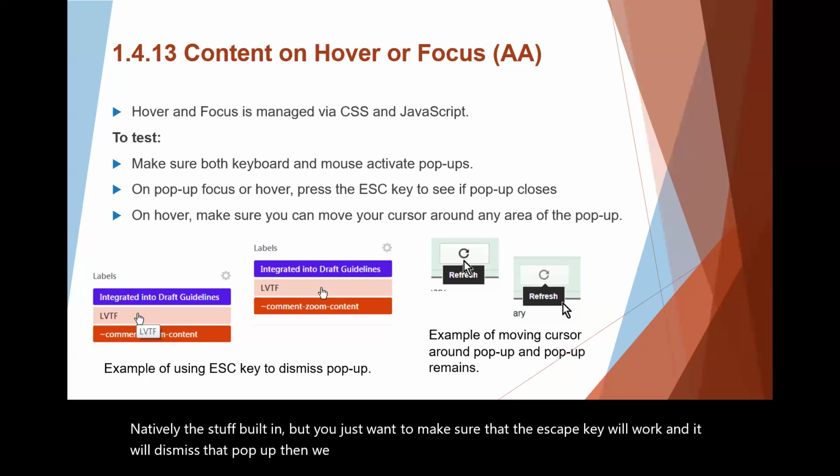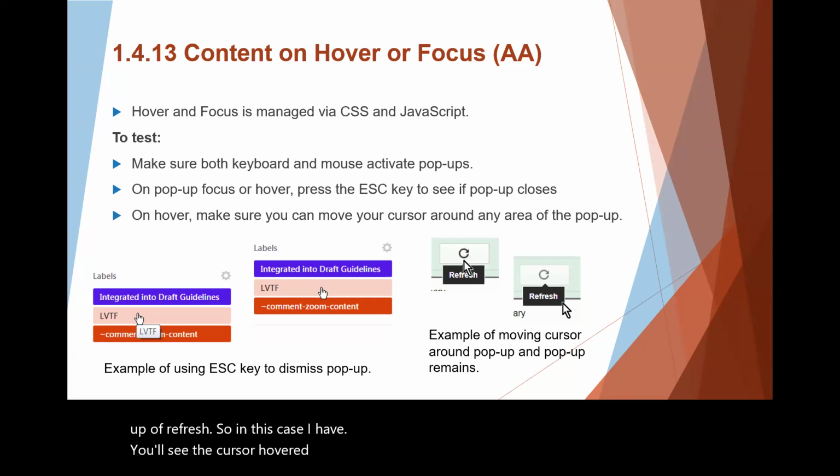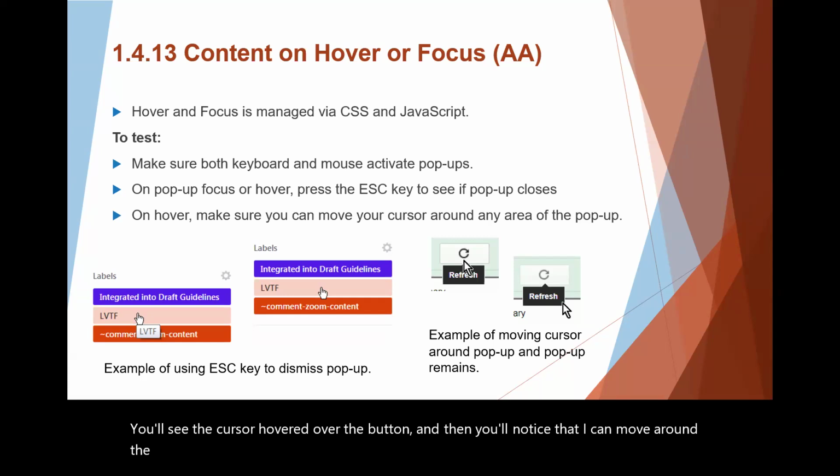Then we have a refresh button off to the right side, and it has a pop-up of refresh. In this case, you'll see the cursor hovered over the button, and you'll notice that I can move around the screen. I can move over the button and over the pop-up, and I still see the pop-up.